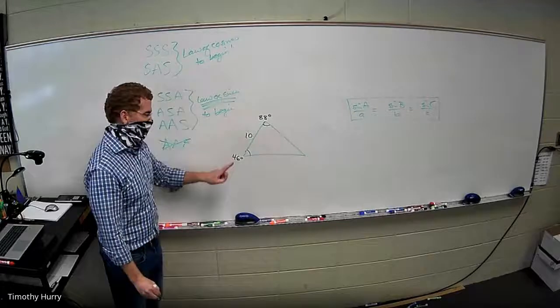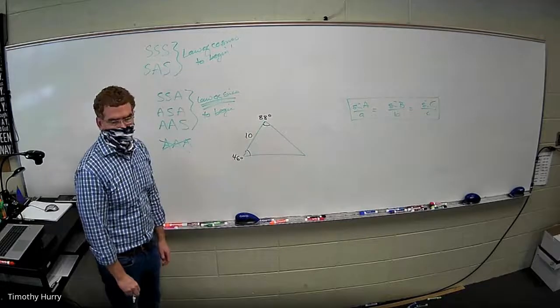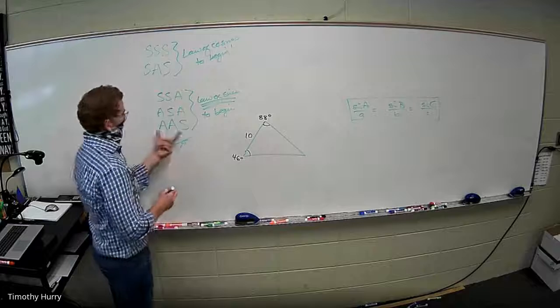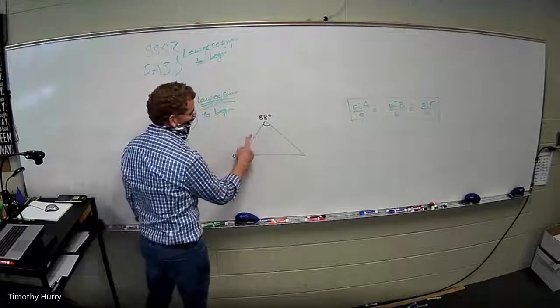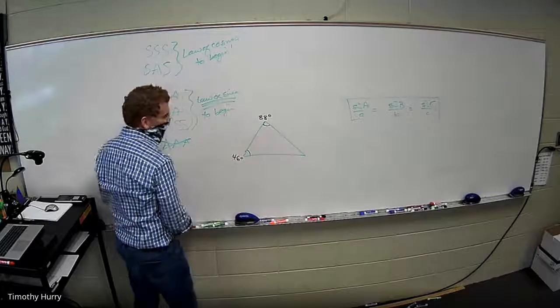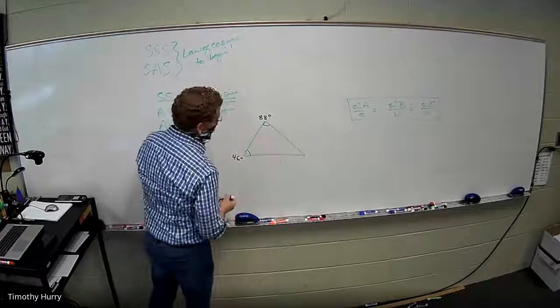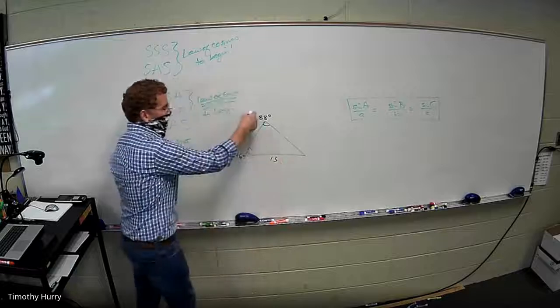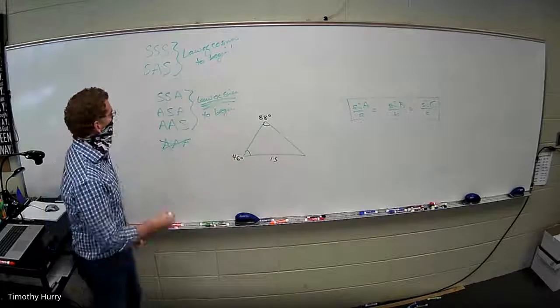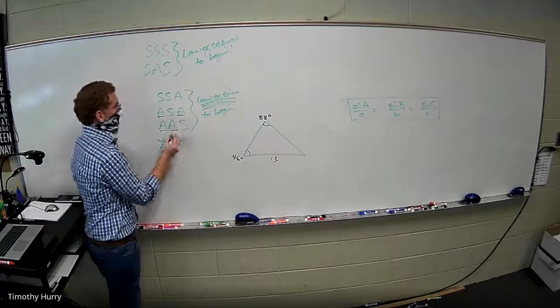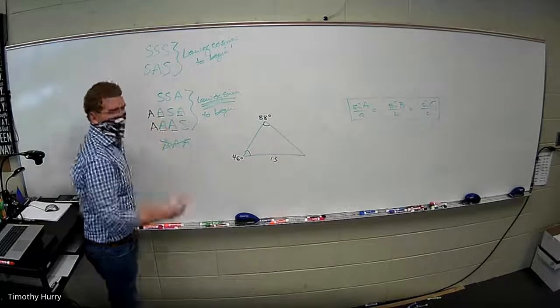That's angle side angle, right? As opposed to angle angle side, which would be like me giving you 88, then 46, and then telling you this was 13. That would be angle angle side. But I don't really care because ultimately, if I know 2, I can always find that third angle, right?